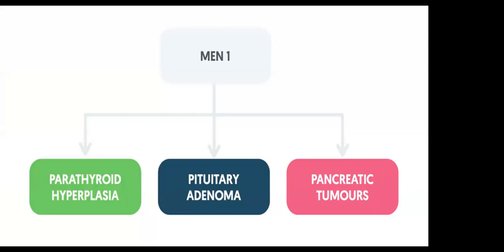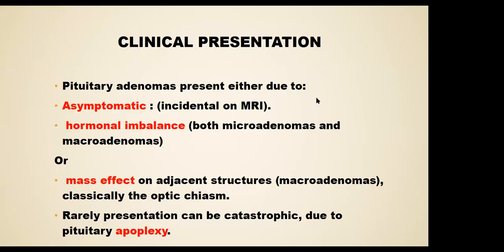Regarding the clinical presentation, most adenomas are either asymptomatic incidentalomas, in 20% of the cases, hormonal imbalance, which is most commonly with microadenoma, or mass effect, which is most commonly with macroadenoma, classically affecting the optic chiasm. Rarely, it presents with a catastrophic syndrome, which is pituitary apoplexy.